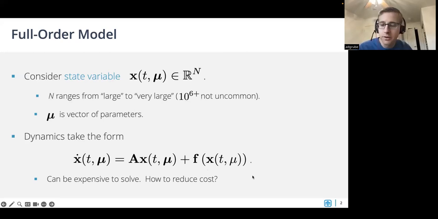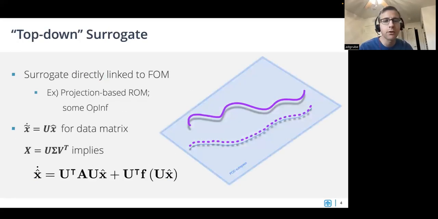The whole point of model reduction, as we all know, is that this is typically expensive, and we want to come up with some informative way to reduce the cost of this dynamical system. The way I think of a projection-based ROM, which is what I've been using for these projects, is as a top-down surrogate model. Say you have a bunch of these purple trajectories that I've drawn here on top of this plane.